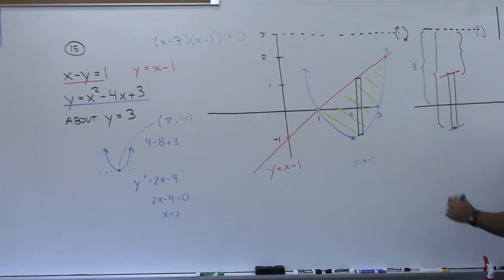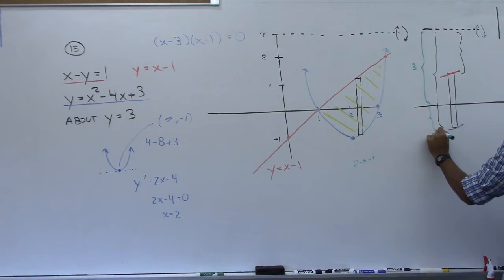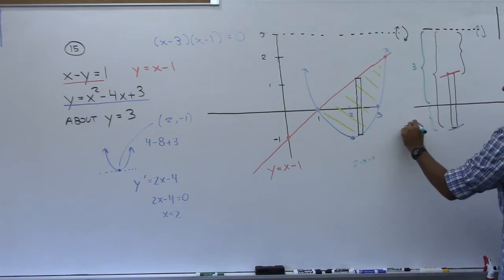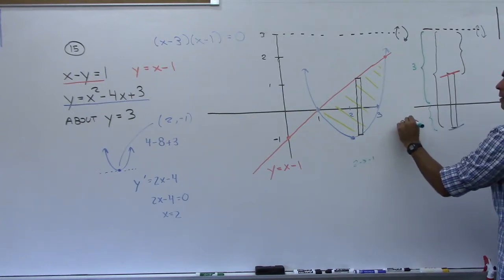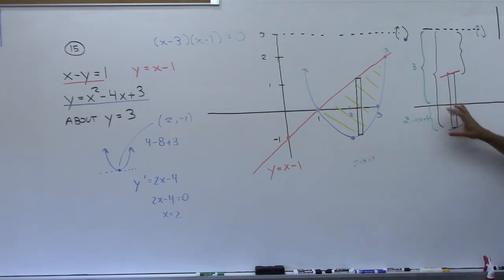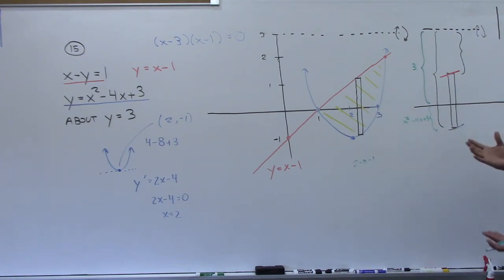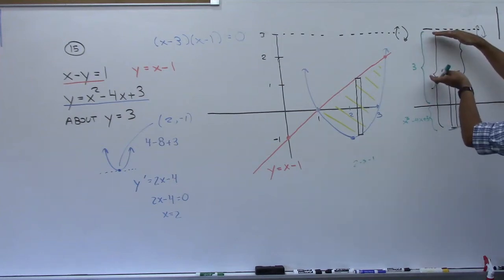So what we're going to do, this distance right here to here, this is the function. What was the function? It was the parabola x squared minus 4x plus 3. So that's this distance. But you have to be extremely careful here because I don't want to just add it. If I take 3 and I add the function's value, I'm going to add -1, and then that's going to mean that it's actually 2, which it's not. 2 would be up here.